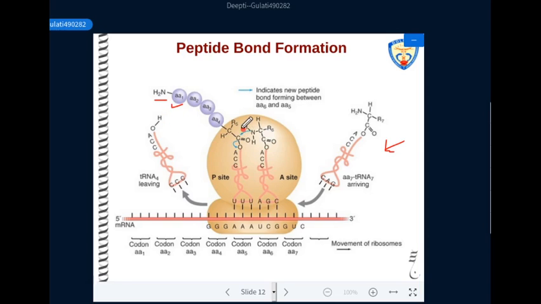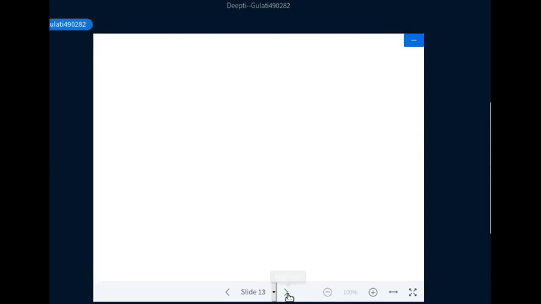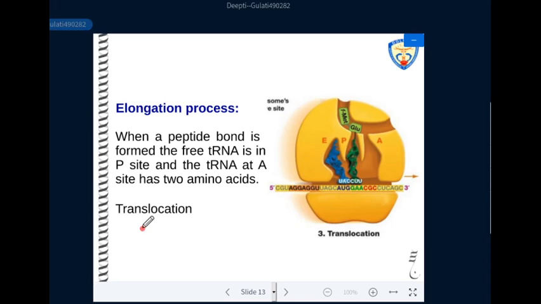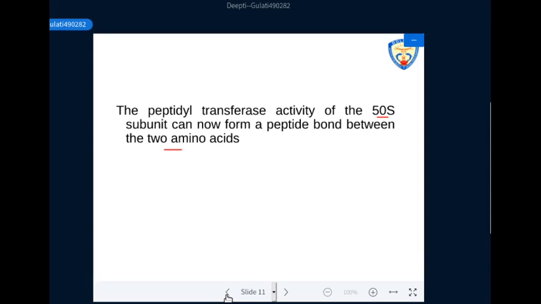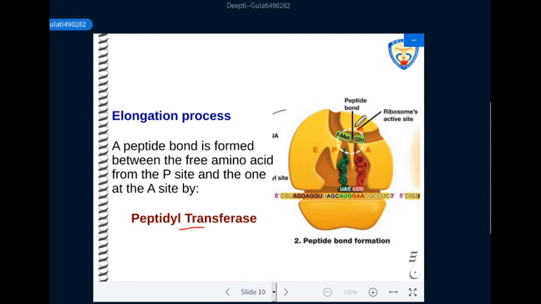And once this step is completed, then we move on to the third step of elongation, and that is known as translocation. So what happens here is we have the A site transfer RNA, which has accepted the amino acids.